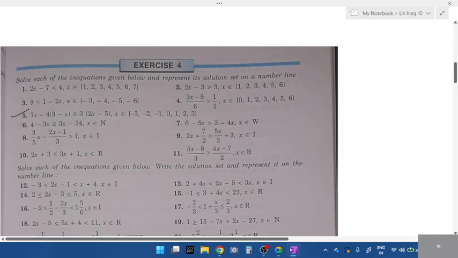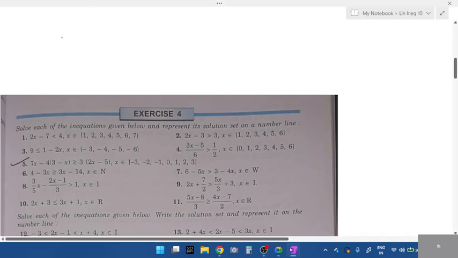Open the bracket, students. Open the bracket and arrange. First, copy the question. I'll write it. Keep solving. Try the fifth one.